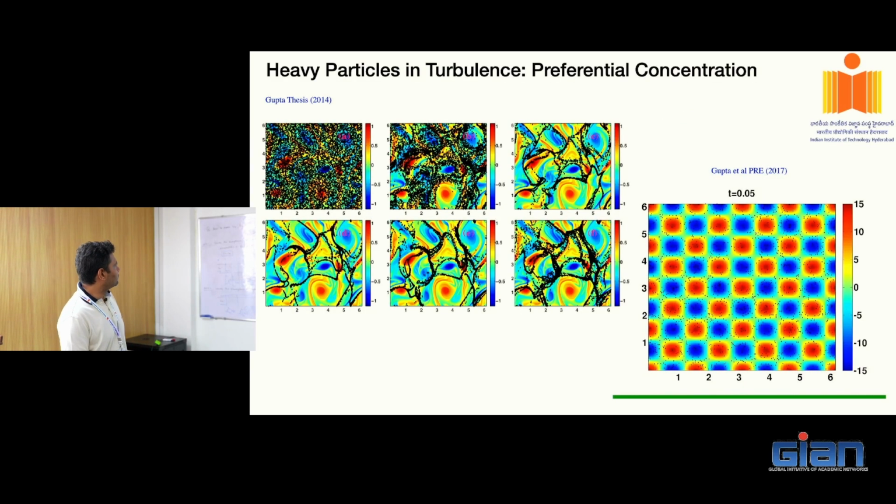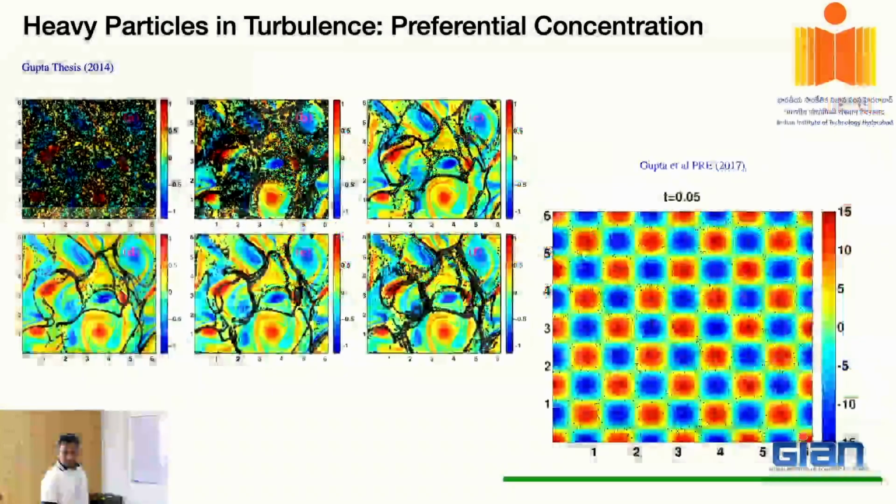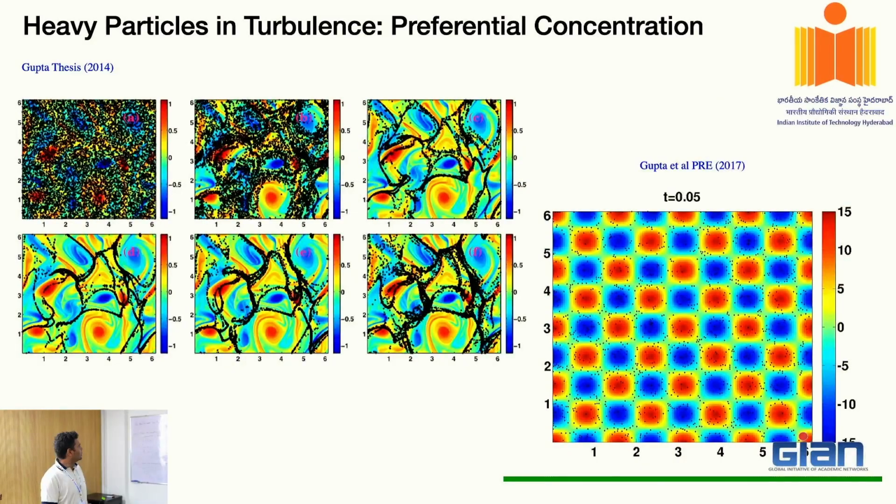Now here what I'm doing is changing this Stokes time. Okay, this is again a background 2D flow, and in this case the Stokes time is very small, which means your Stokes number is small. In these regimes, your Stokes time is exactly the same as the flow time scale, and then you can see the particles start to get accumulated in the regions where the value is 0.